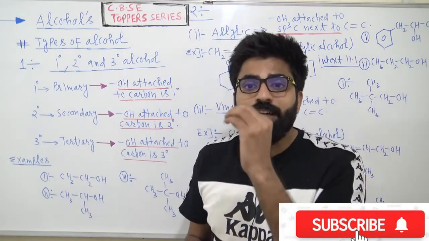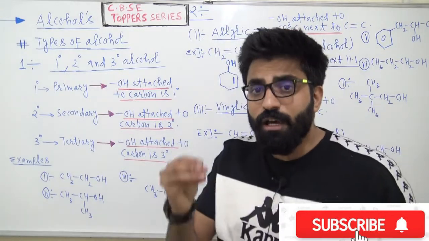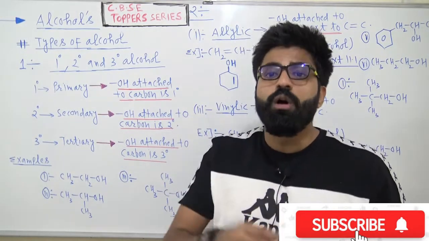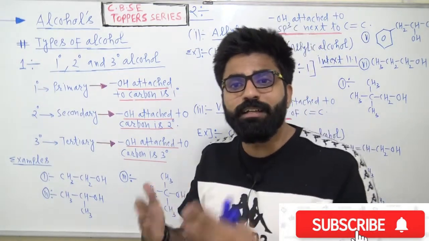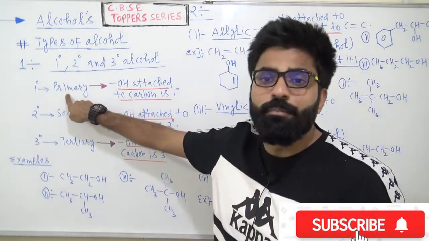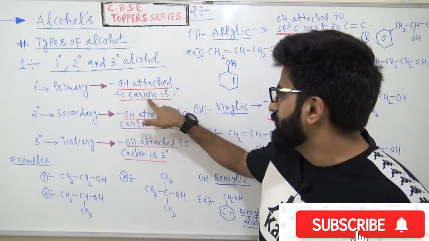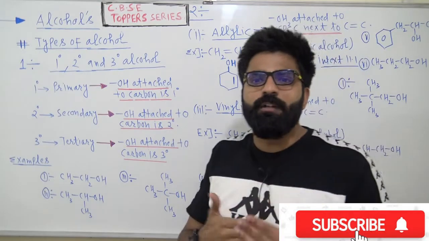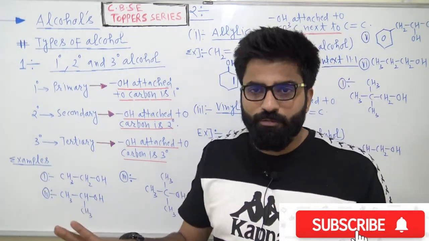If the OH group is attached to a 1 degree carbon, we call it primary alcohol. That is very simple to figure out, right?